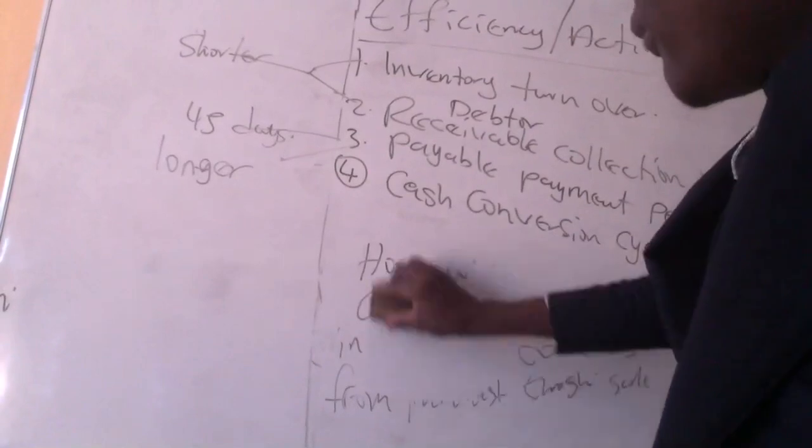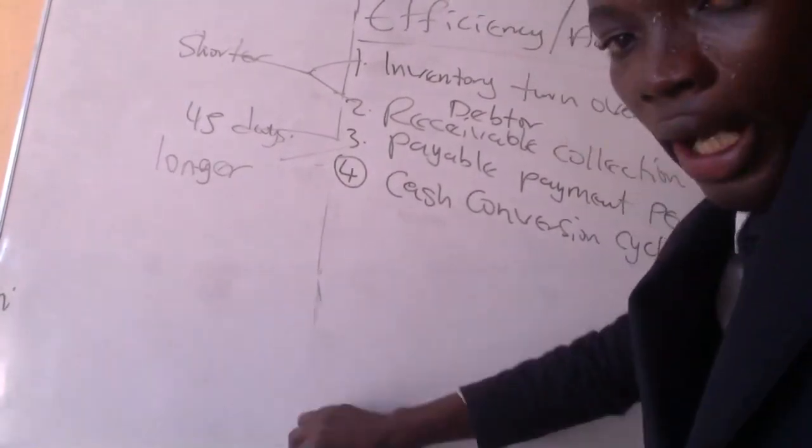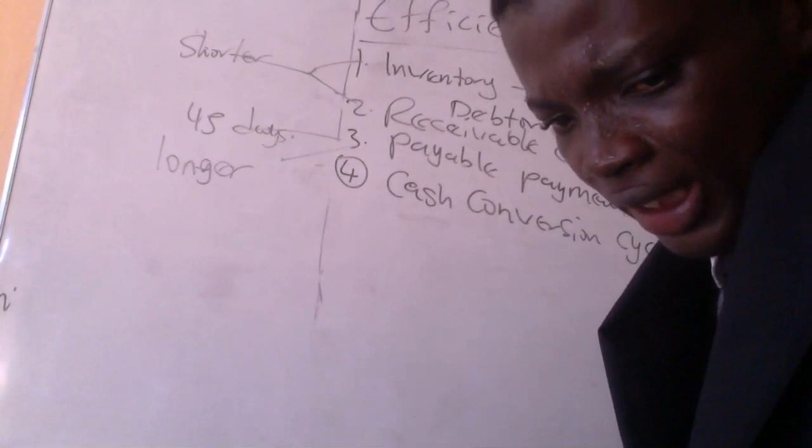Now let's look at the formula, or how you can calculate the cash operating cycle.